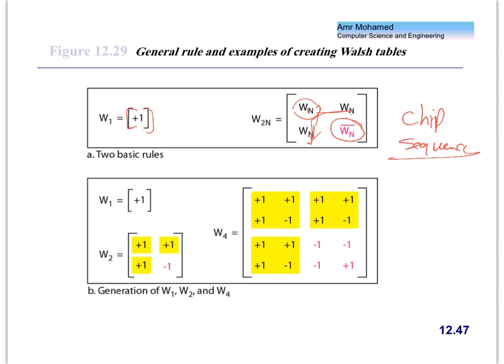If we do this on any size that doubles all the time, then this rule will be maintained all the time. And we can do it recursively. So if we want W2, we take W1, repeat it 3 times, and the fourth one will be multiplied by -1.